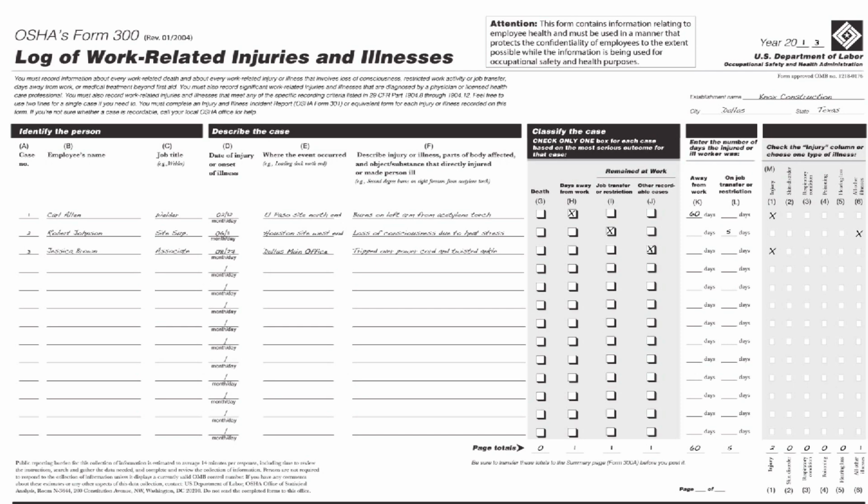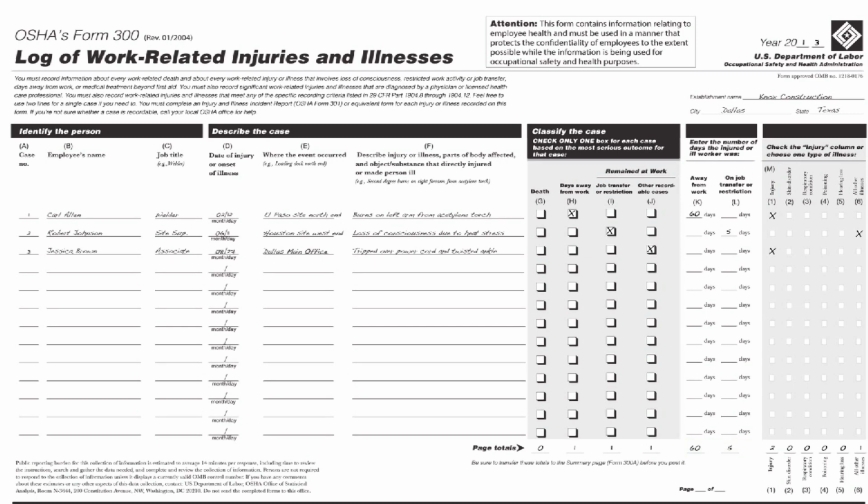If the incident resulted in both days away from work and job transfer or restriction days, you would indicate the number of days for each, but would only classify that case as a days away from work case, as it is the most severe. And per OSHA, you should stop counting the days of restricted work activity or days away from work once the total of either or the combination of both reaches 180 days.